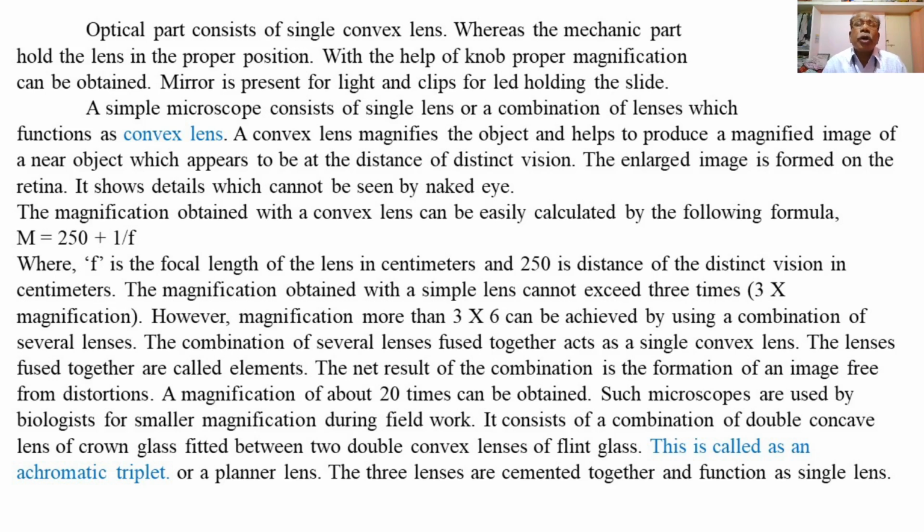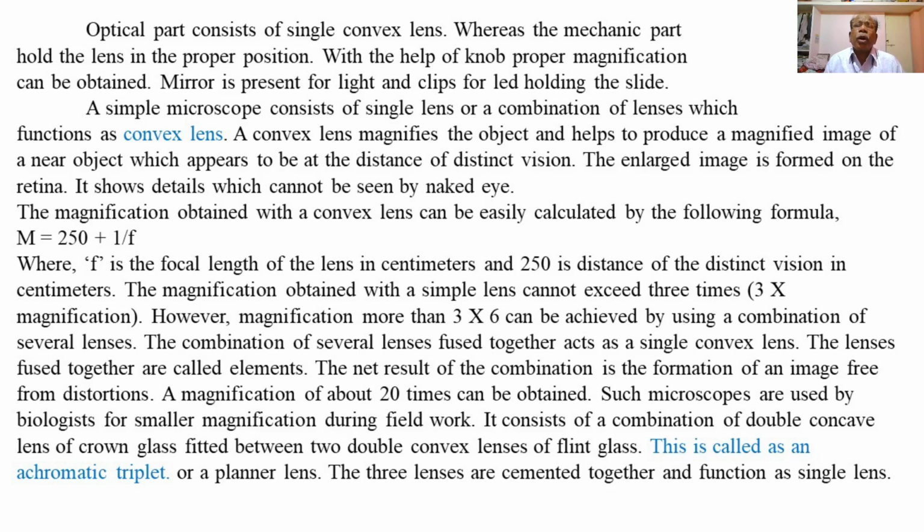The optical part consists of a single convex lens fitted in the eyepiece, whereas the mechanical part holds the lens in a proper position.